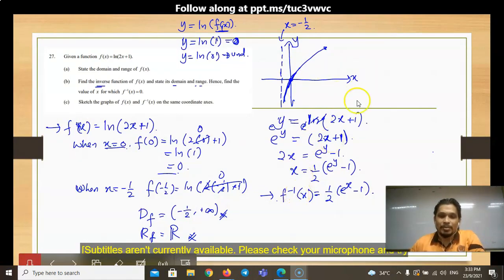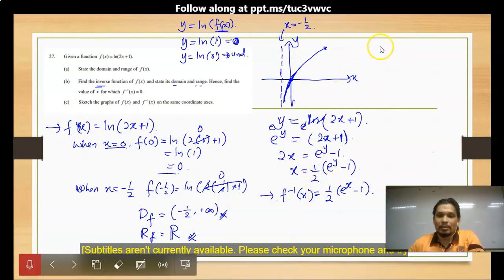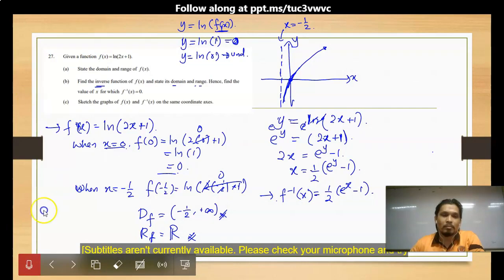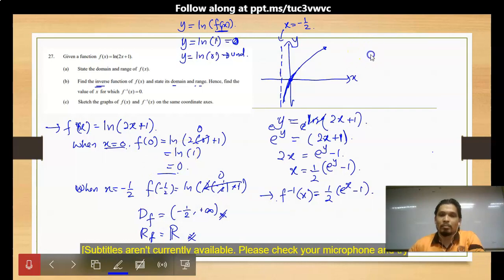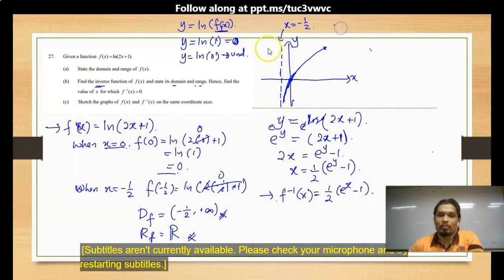Okay, so f inverse: 1 over 2, e to the power of x minus 1 equals 0.